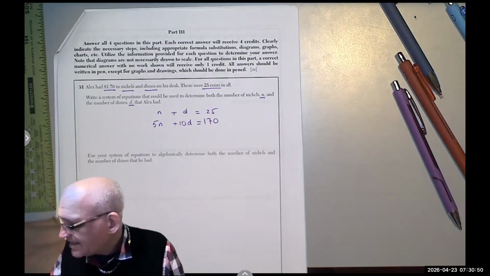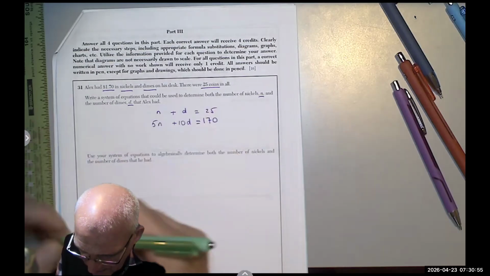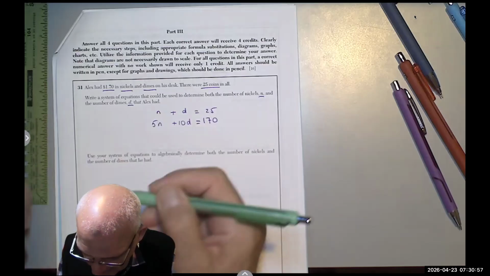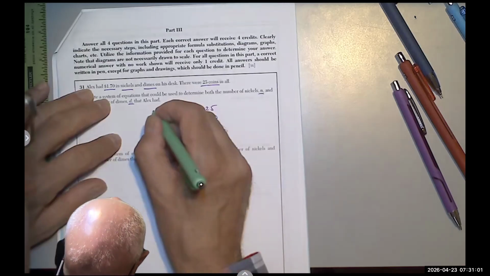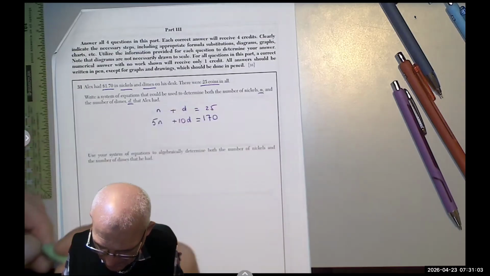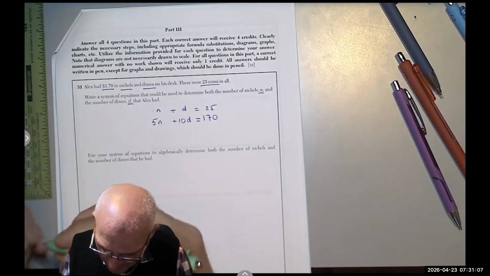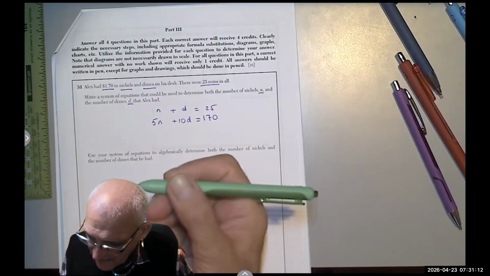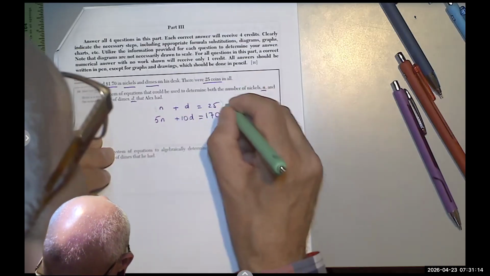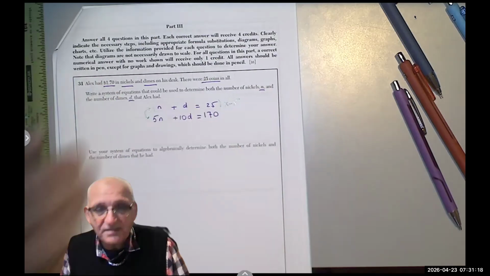For example, let me multiply the top equation, right and left, by negative 5. And then I'm going to add the two equations together.